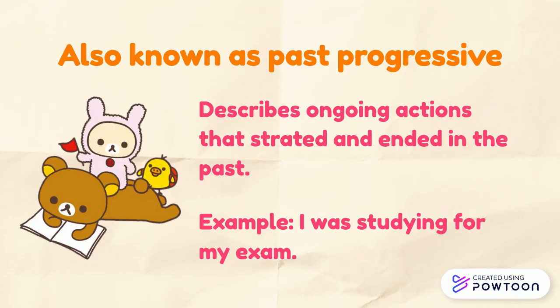First of all, what is the past continuous? The past continuous or past progressive is used to describe actions that were in progress at a certain moment in the past. These actions started before that moment and finished later. For example, I was studying for my exam.